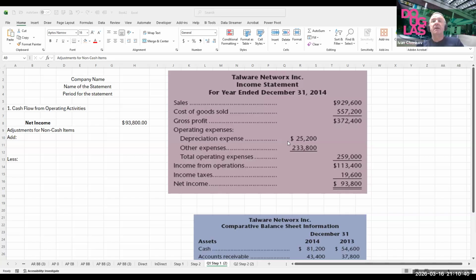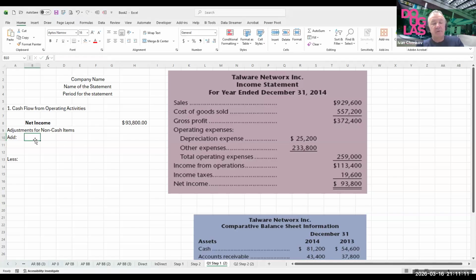Do we have to spend cash on the depreciation expense? No. How the depreciation expense added into the expenses affect my net income? Reducing it, correct? So if I want to eliminate that effect of reduction, I have to add it back to bring the income to the point that I don't have this expense. So let's add it back.